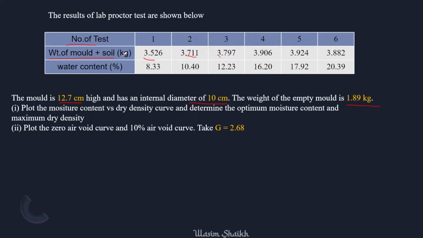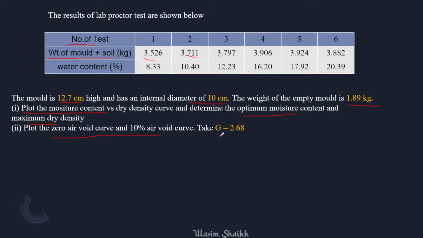So in part 1, we draw the moisture content versus dry density curve, which is the compaction curve, and determine the optimum moisture content and maximum dry density. In part 2, we'll see how to draw the 10% air void curve, and also the 100% void curve.